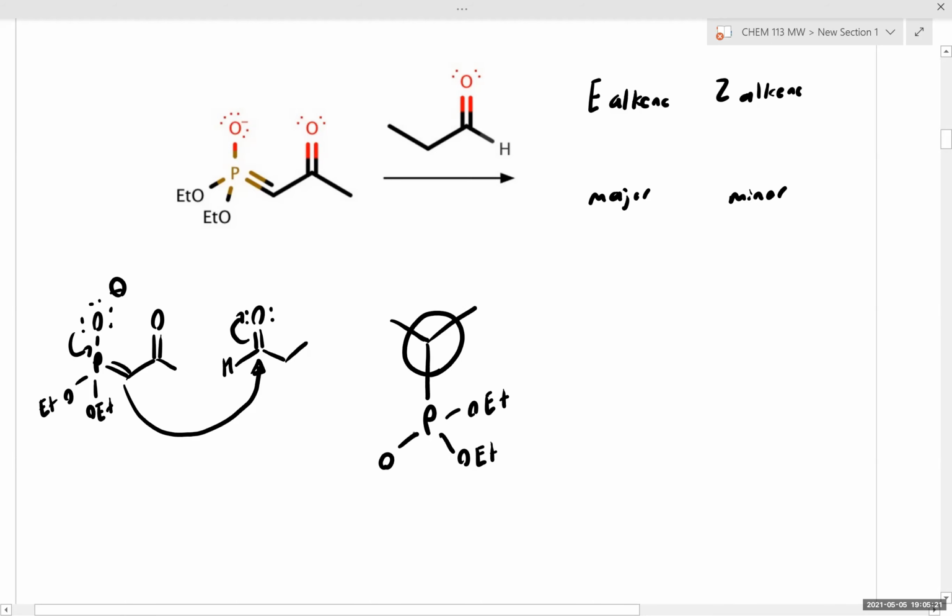I'm going to draw this like so, just to help emphasize that this phosphorus is highly electron deficient.